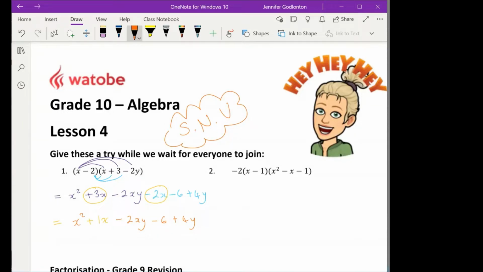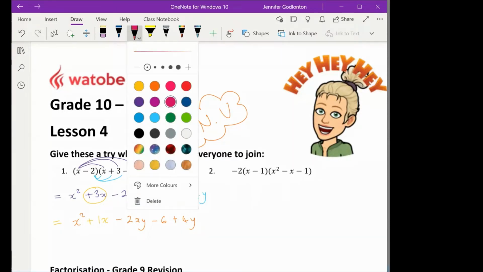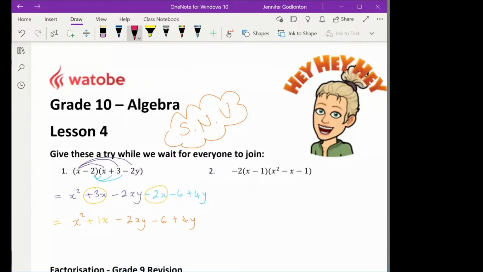Okay. Question 2. I think I had a volunteer for question 2. Mr. Shongwe, do you remember who our volunteer was? Question 2, it was Tafito or Chifiwa. Can you take it away for us? Hello. So, ma'am, for question 2, I distributed the negative 2 into the first bracket.